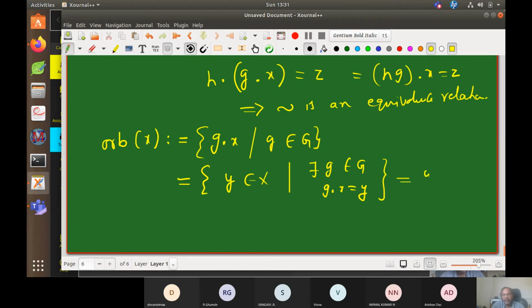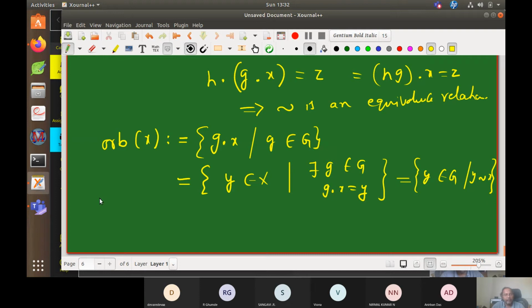That is the same as all y such that y is related to x. So the orbit of x is the equivalence class of x, that is all y related to x, which is nothing but there exists a g such that g·x equals y. So this set is the same as this set, right?